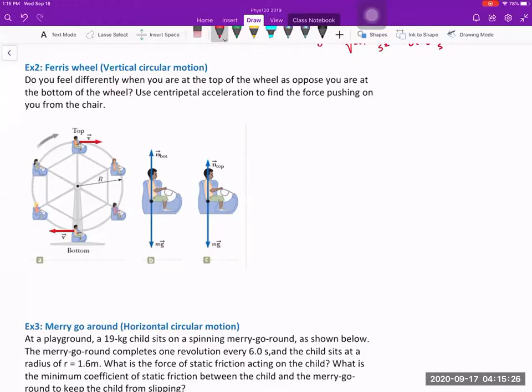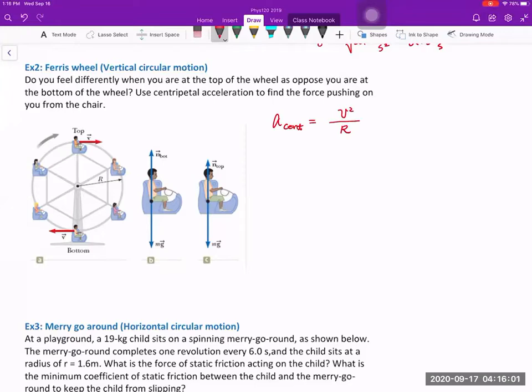When we talk about circular motion, the circular motion is going to give you an acceleration. That acceleration is simply due to the change of direction. That acceleration is what we call the centripetal acceleration. Sometimes we call it radial acceleration. So this a sub cent is equal to V squared over R, where V is the speed.